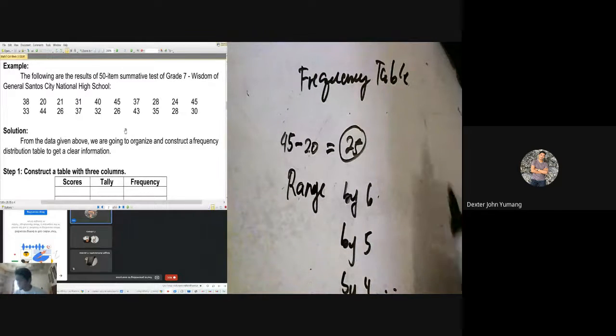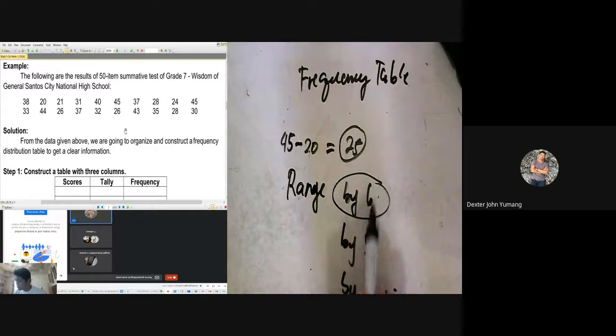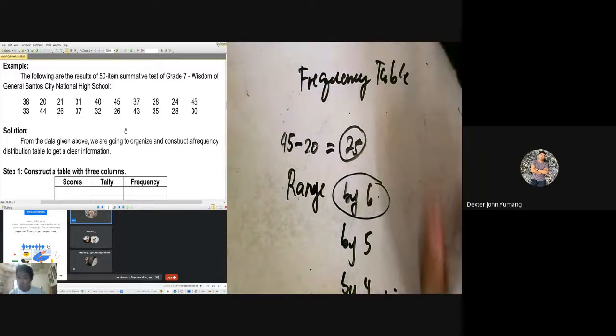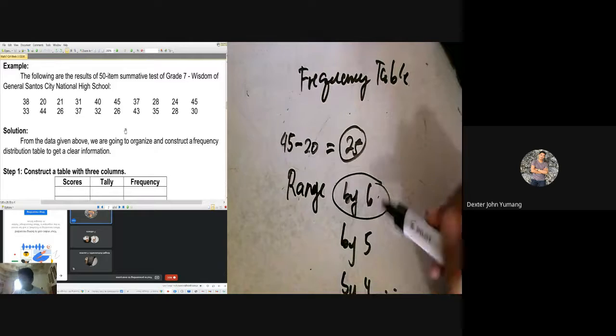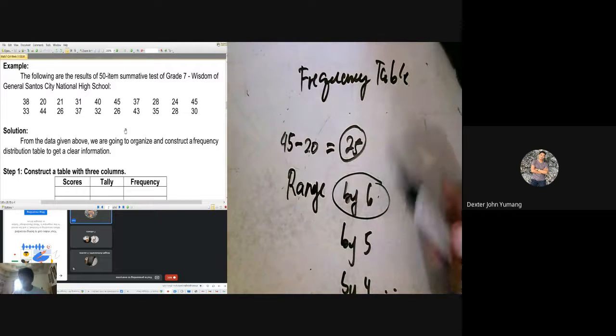In this case, if we use by 6, can 25 be divided by 6? Yes or no? Is there no decimal? Is the answer a whole number when we divide 25 by 6? Of course not. Because when we divide 25 by 6, it is 4 point something.